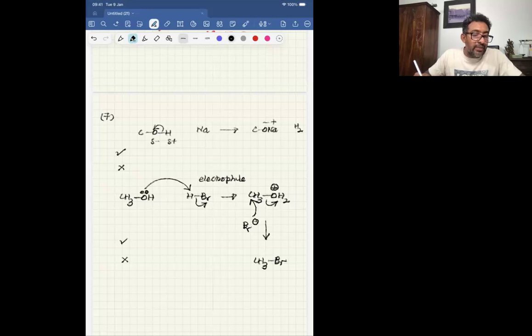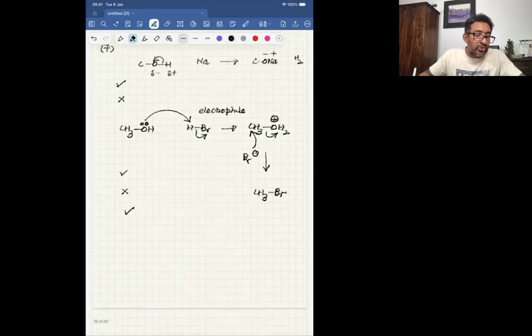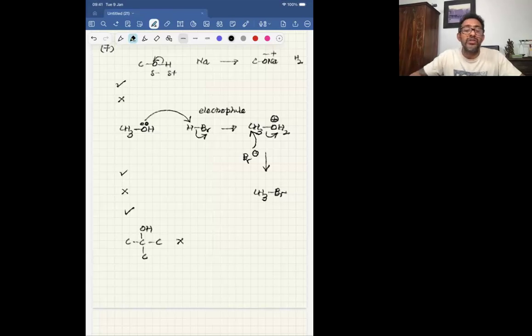Oxidation of alcohols can be carried out with acidic potassium permanganate, potassium dichromate, or potassium chromate. Right, that is right. 2-methylpropan-2-ol gives ketones with acidic potassium permanganate. Very good. So that cannot undergo oxidation because there is no hydrogen directly attached to the carbinol carbon.